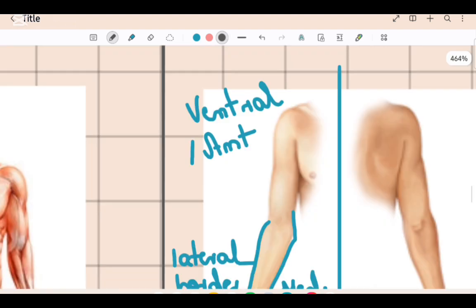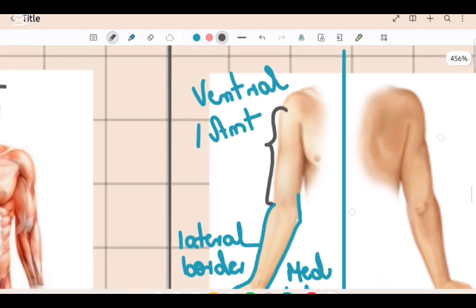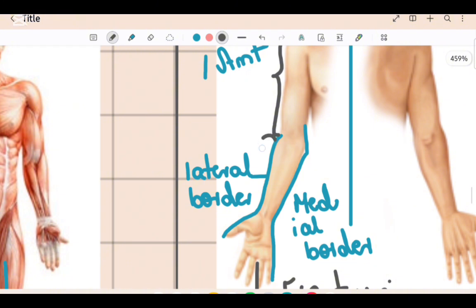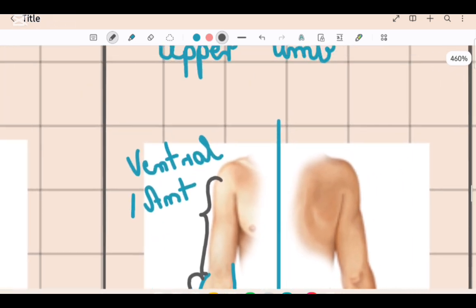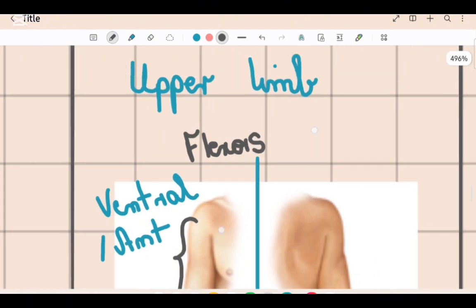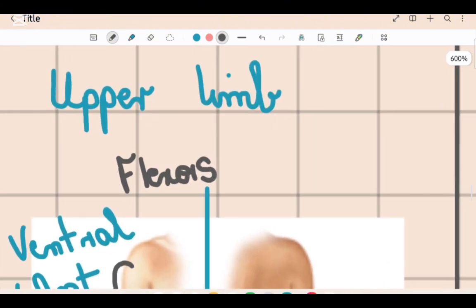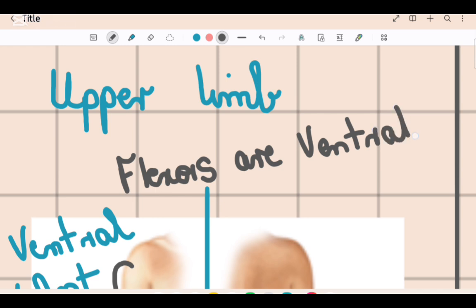Okay, now we have the flexors and the extensors. This is the flexor compartment of your arm, this is the flexor compartment of your forearm, and this is the flexor compartment of your hand. Flexors are ventrally placed, in the front aspect. Flexors are the muscles responsible for decreasing the angle between two bones.